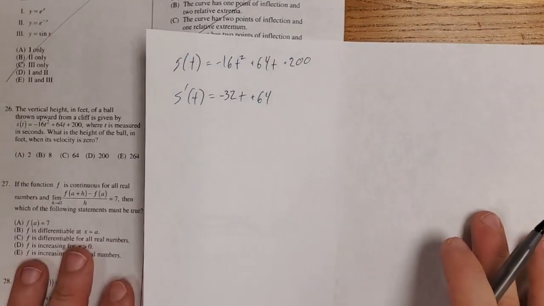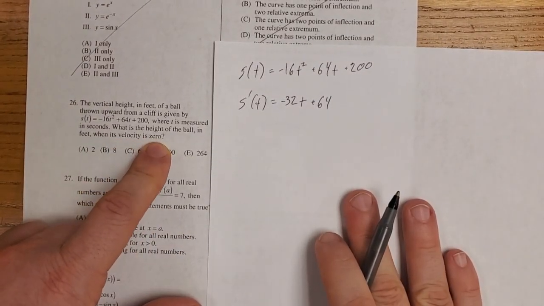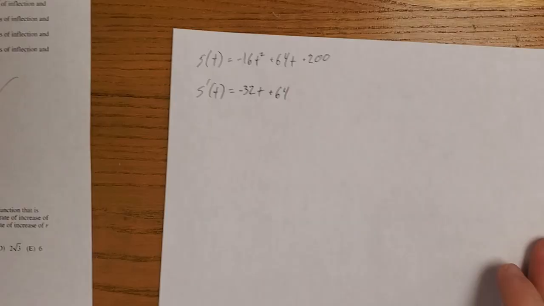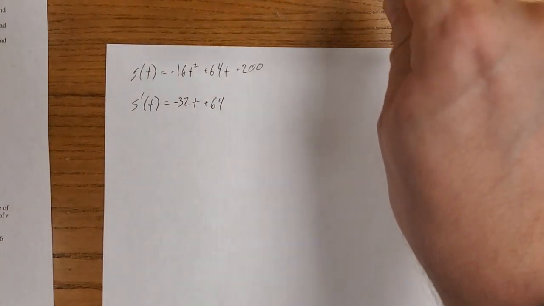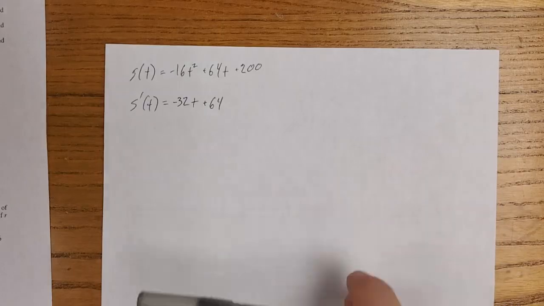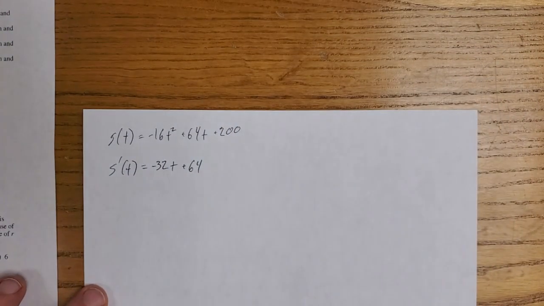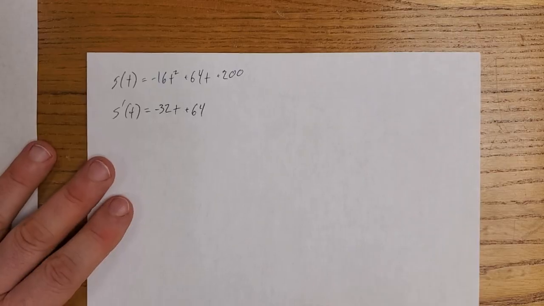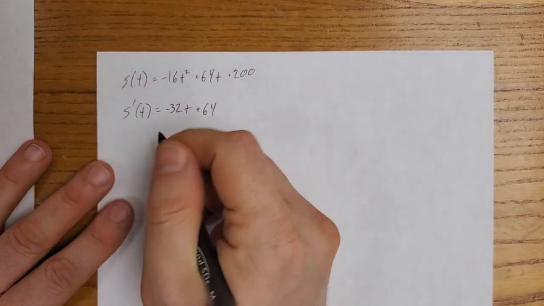So we are asking when the velocity is 0. And, incidentally, we can kind of expect that's going to be at the peak. That's going to be at the maxima of the position equation. But we can just find it algebraically really quick.